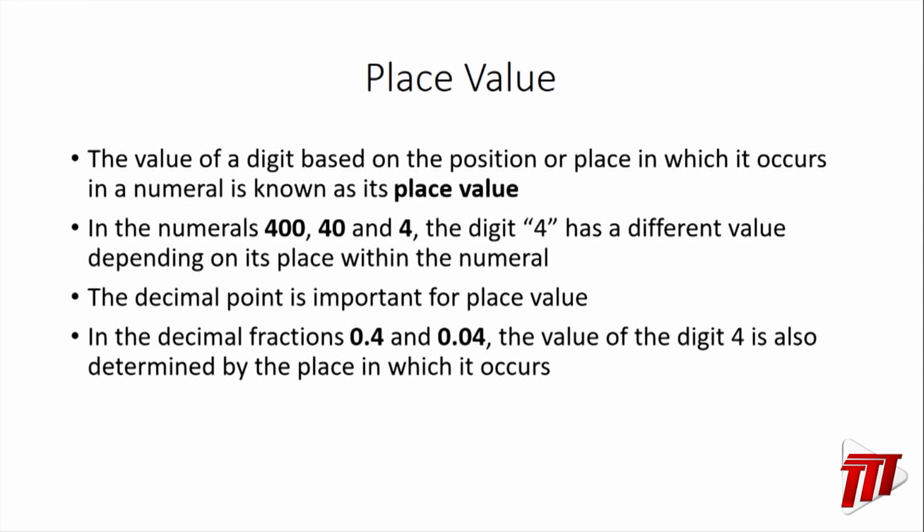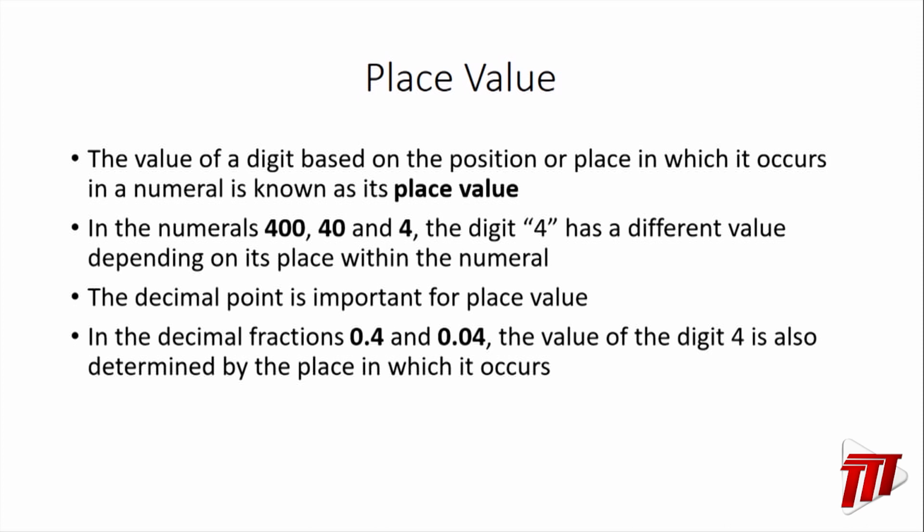In the decimal fractions, 4 tenths and 4 hundredths, the value of the digit 4 is also determined by the place in which it occurs. In 4 tenths, the place to the immediate right of the decimal point is the tenths place.